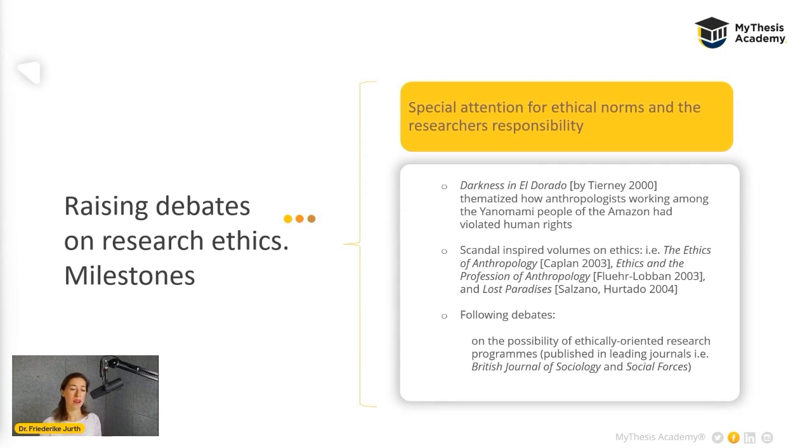And it also led to new debates, after all, on the possibility of ethically orientated research programs, such as discussed and published in leading journals, for example, in the British Journal of Sociology or in Social Forces.